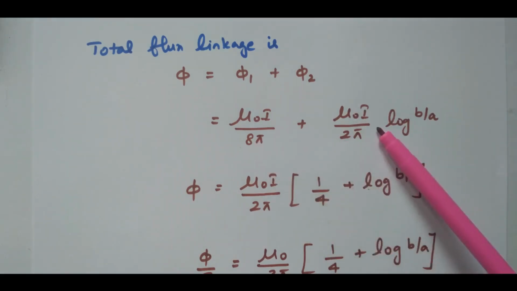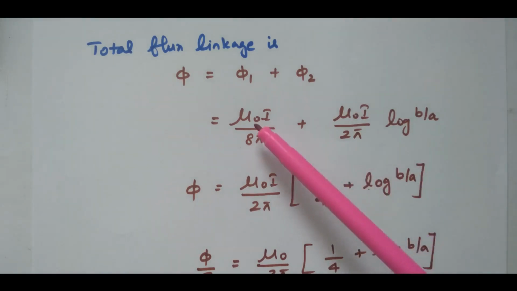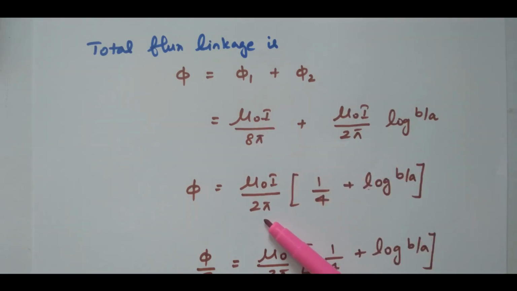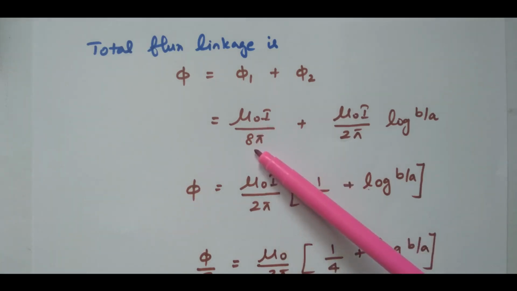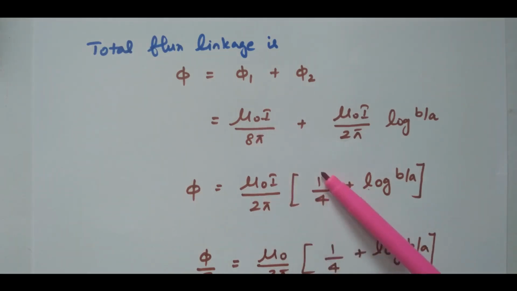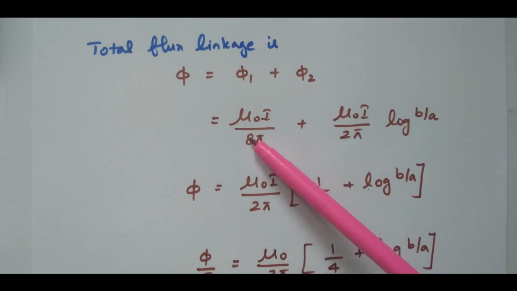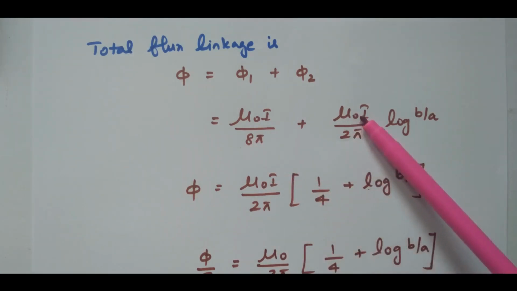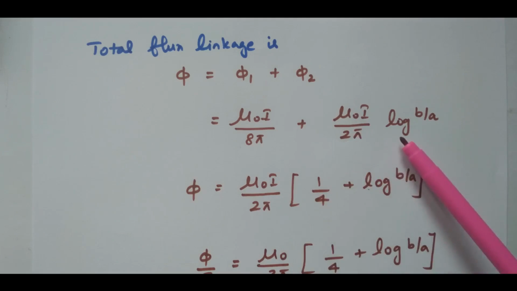So φ1 and φ2 are added together. So mu naught I divided by 2 pi we can take as common. Here mu naught I by 8 pi is there, 2 pi is taken outside, so we got 1 by 4, 2 into 4 is 8, plus this mu naught I by 2 pi is taken outside, only we have log B by A, right?